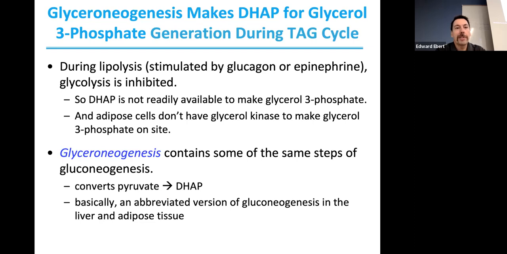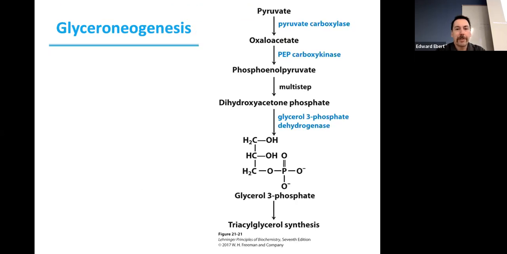So during lipolysis, which can be stimulated by either glucagon or epinephrine, glycolysis is inhibited, so we don't have DHAP readily available to make our glycerol 3-phosphate, and the adipose cells won't have glycerol kinase to make it on site. So glyceroneogenesis will basically contain some of the same steps of gluconeogenesis. Basically, we're just converting pyruvate to DHAP, and so it's an abbreviated gluconeogenesis.